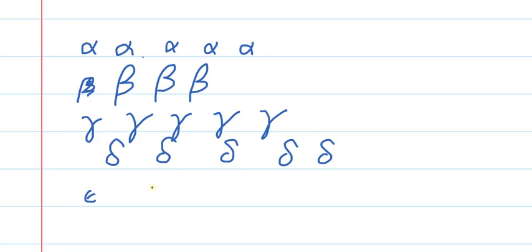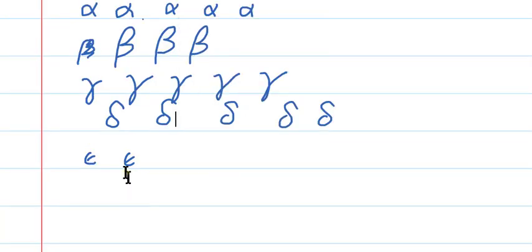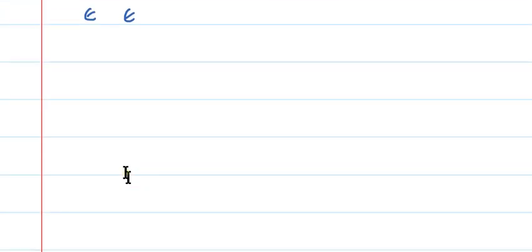I go like that. Let me make that a little bit higher here for you. I know some people like to do their epsilons like that. I've just never gotten into that extra loop. I just prefer to do it that way. Okay?